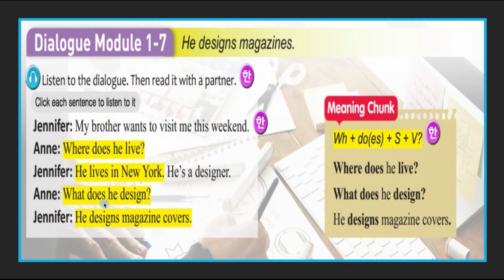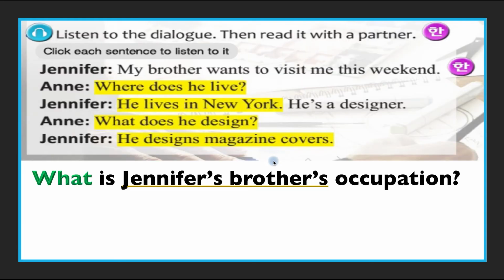And Jennifer says, he, her brother, designs magazine covers. So here we got, again, from the meaning chart, the where is the what. And then we've got the auxiliary do, but because it's a he, it is does, he, and then your verb, design. So as we say, we've got two wh- questions. And we'll come back to that.